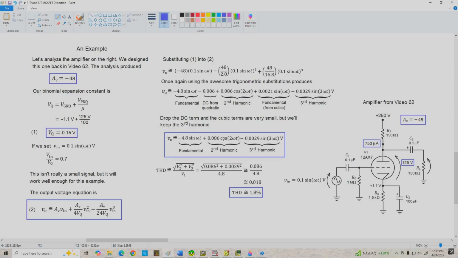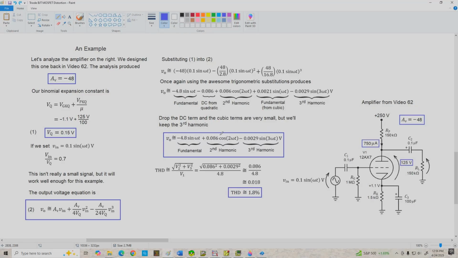The second harmonic is pretty small with an amplitude of 0.086 volts peak. And the third harmonic is really pretty small. It's only about 2.9 millivolts peak. So the total harmonic distortion for this case is only 1.8%. That's reasonably low for a guitar amplifier.